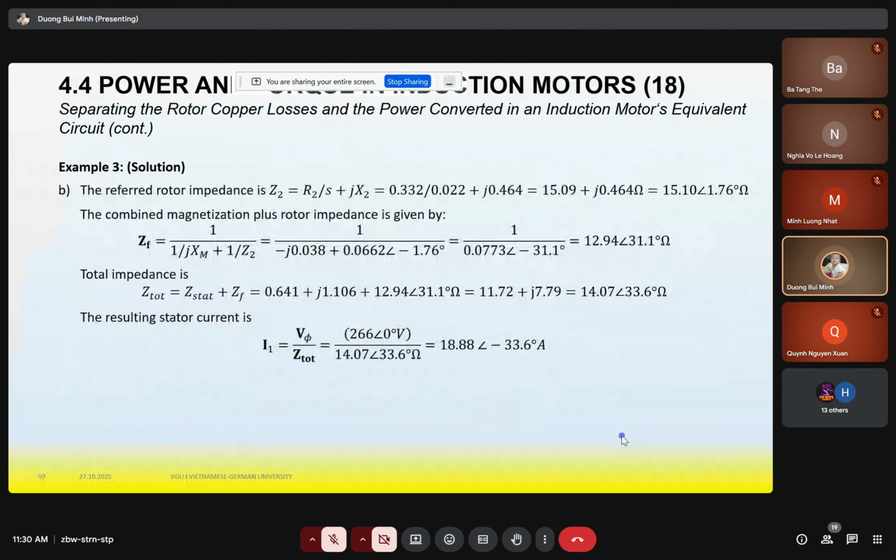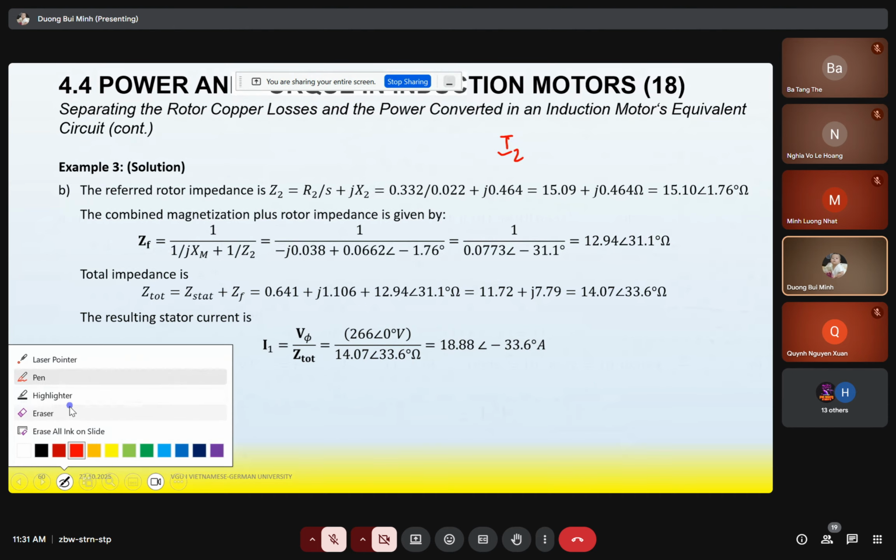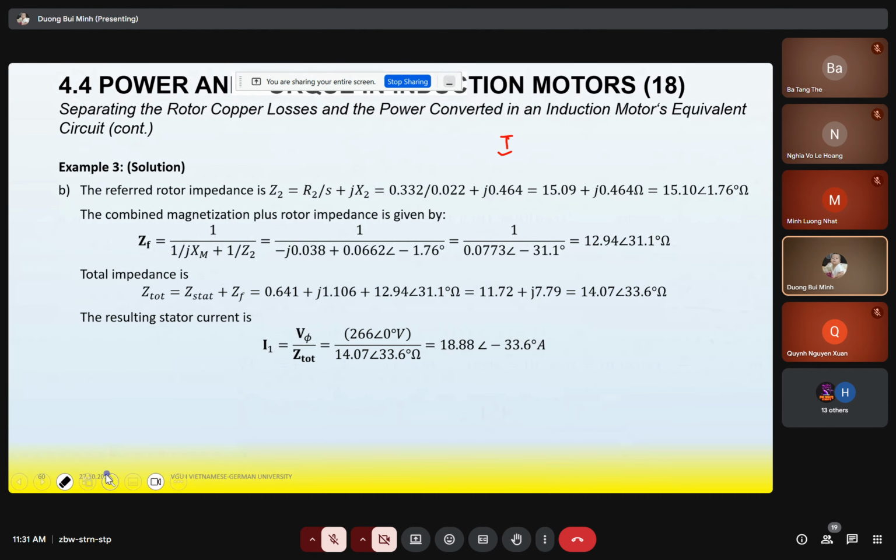Okay, so now we have I1 is V phase over Z equivalent, or V1 over Z equivalent.